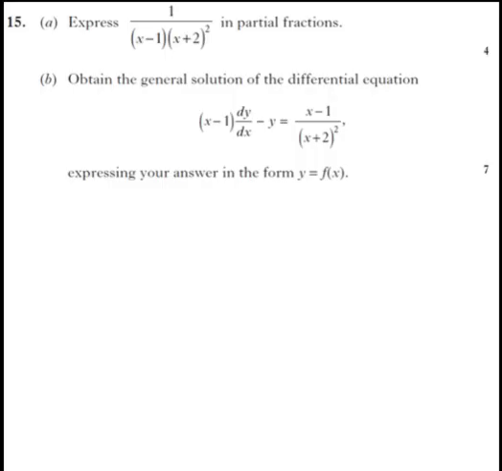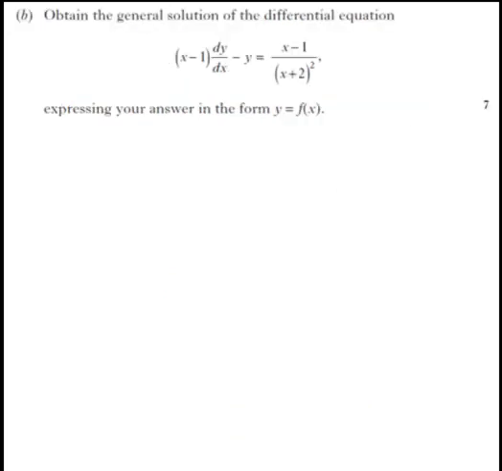For part B, we're asked to obtain the general solution of the differential equation. So we've got (x minus 1) times dy by dx minus y is equal to (x minus 1) over (x plus 2) squared. First of all, we'll divide all through by x minus 1.